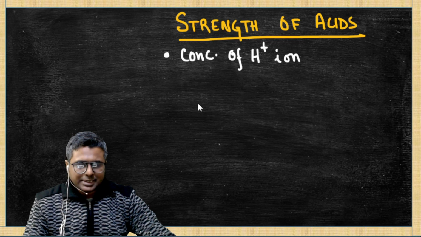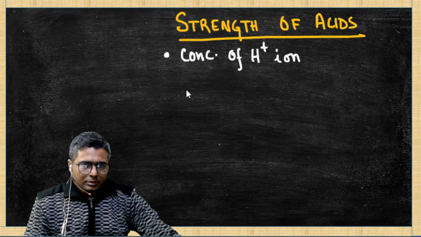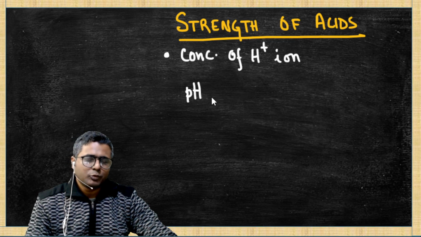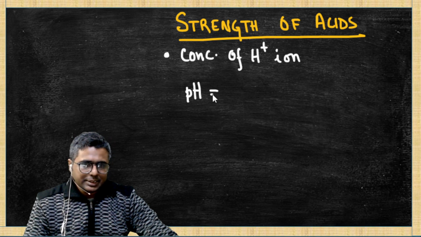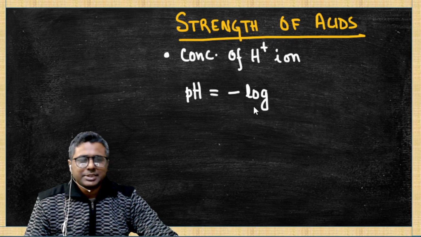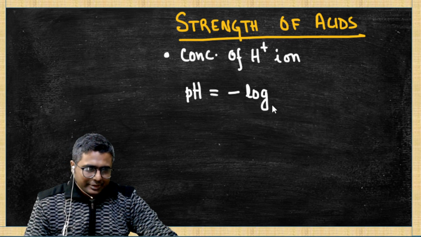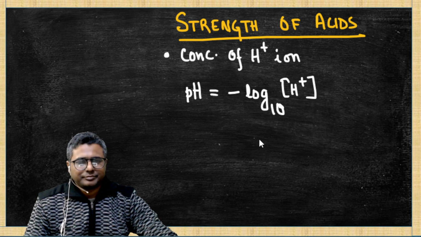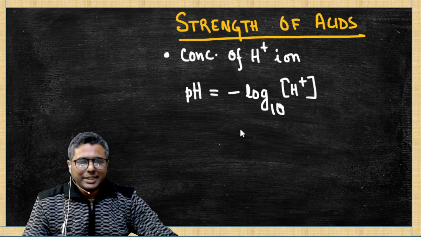This is found out by a scale called pH, small p capital H, potential of hydrogen. Mathematically it is minus logarithm, base 10, of H plus ion concentration. So this is what pH is.